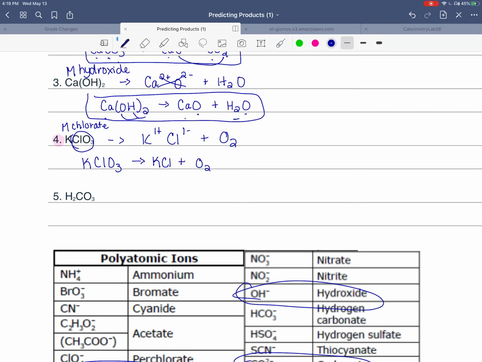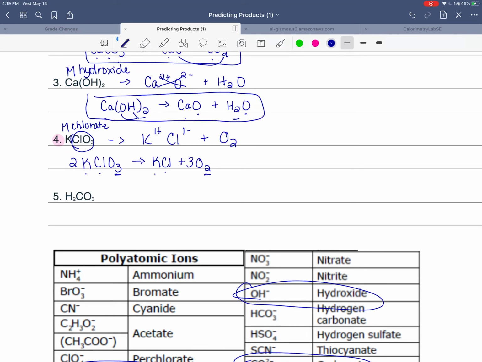Now, let's see if it's balanced. We have one potassium, one chlorine, three oxygen, and two oxygen. The only way to make 3 and 2 equal to each other is to get them both equal to 6. So what we're going to do is double the potassium chlorate, and then triple the oxygen molecule.